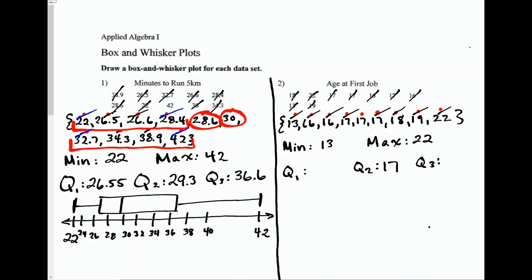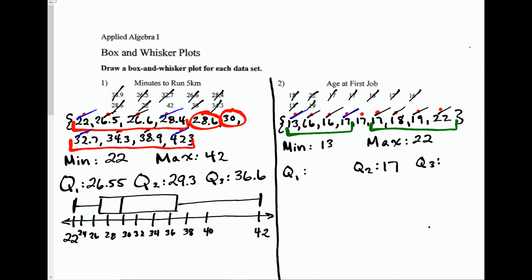Now, my Q1 will be the median of this lower data set. And my Q3 will be the median of this upper data set. So here, if I cross off from left to right, I'm left with two numbers which are both 16.